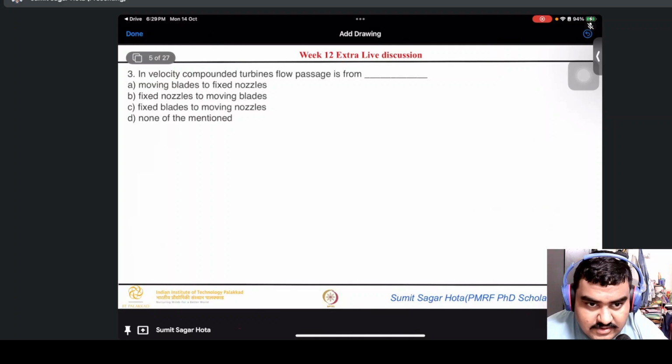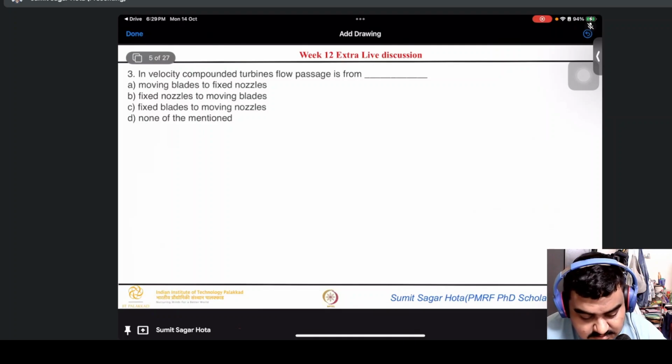In velocity compounded turbines, flow passage is from dash.